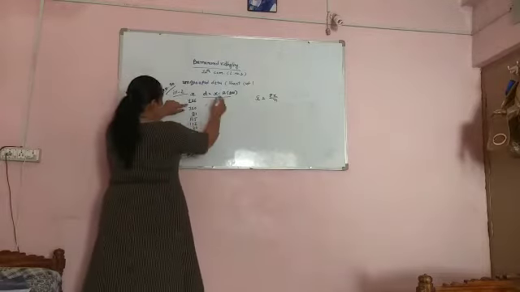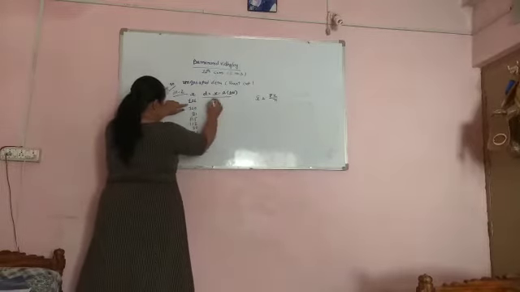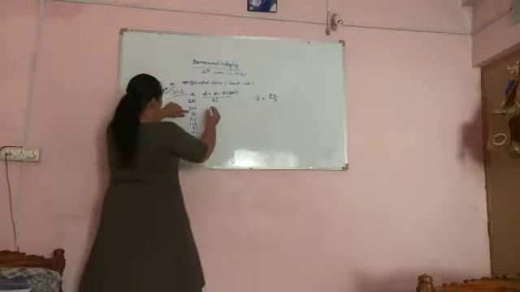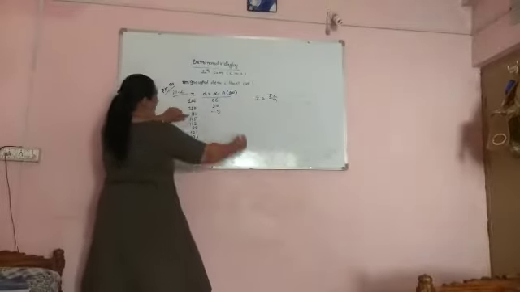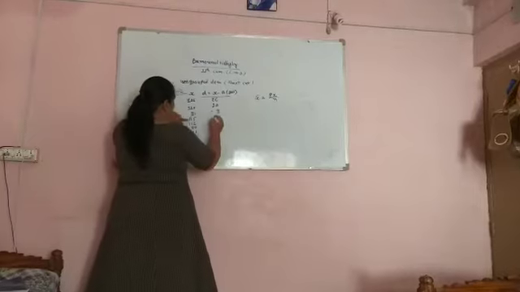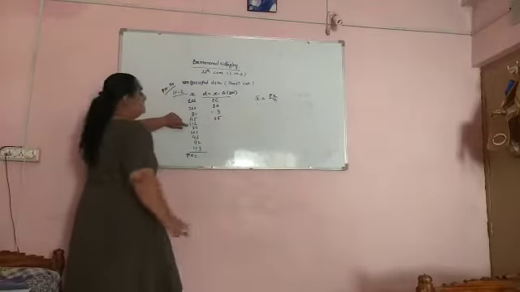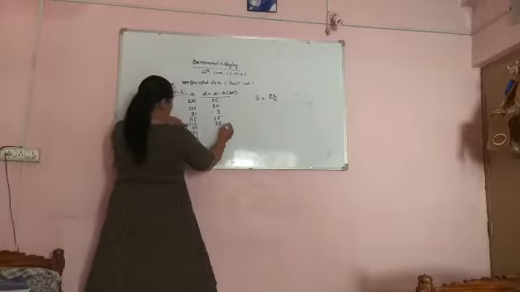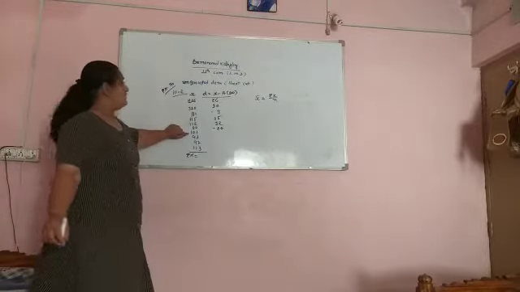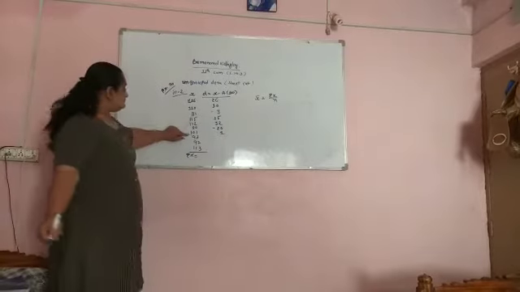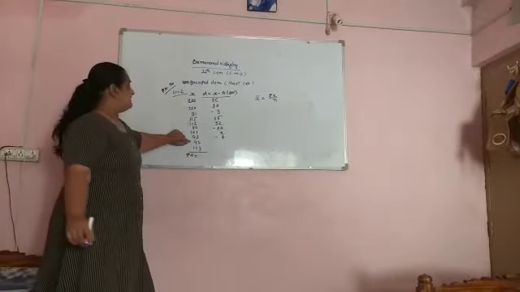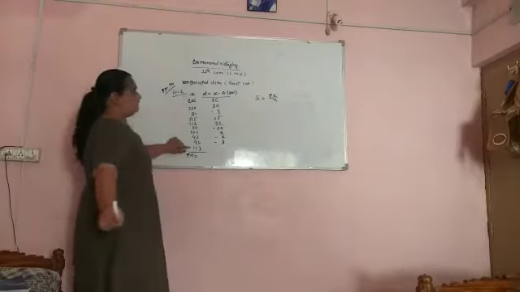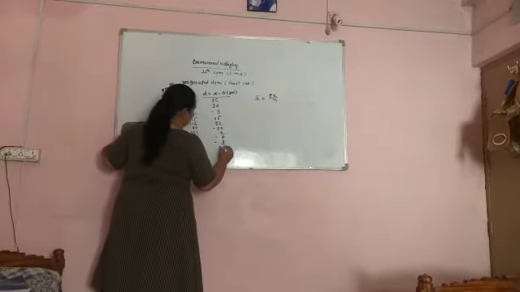Then 126 minus 100 is 26, 110 minus 100 is 10, 91 minus 100 is minus 9, 115 minus 100 is 15, 112 minus 100 is 12, 80 minus 100 is minus 20, 101 minus 100 is plus 1, 93 minus 100 is minus 7, 97 minus 100 is minus 3, 113 minus 100 is plus 13.